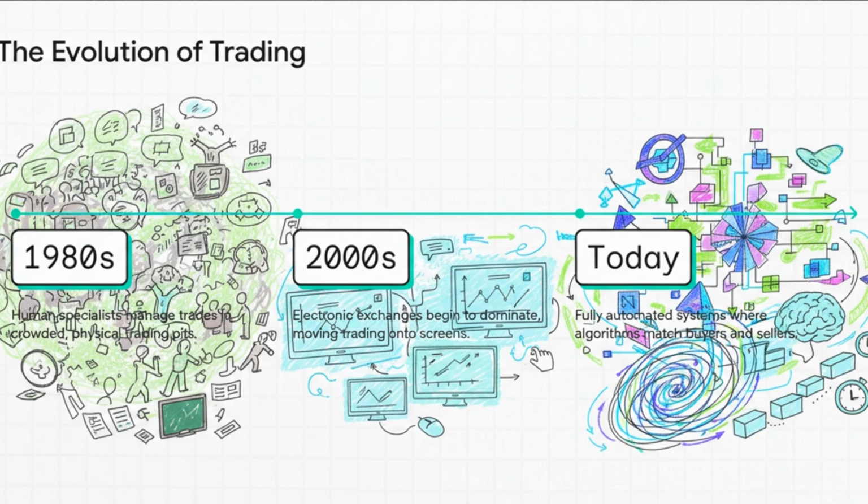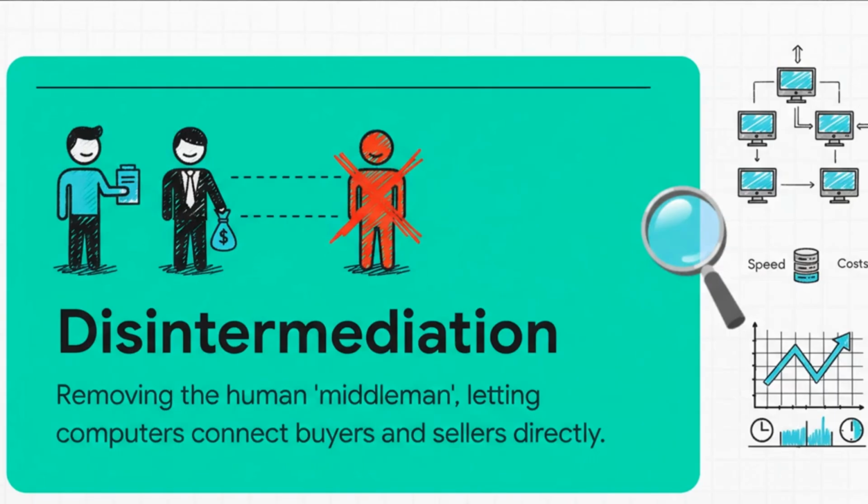It's almost entirely automated systems, with algorithms executing strategies and matching buyers and sellers faster than a human can even blink. There's a big fancy word for what's happened here: disintermediation. But all it really means is cutting out the middleman. Instead of paying a broker to shout your order across a crowded room, computers now connect you directly to the person on the other side of the trade. It's faster, it's cheaper, and it has changed everything.